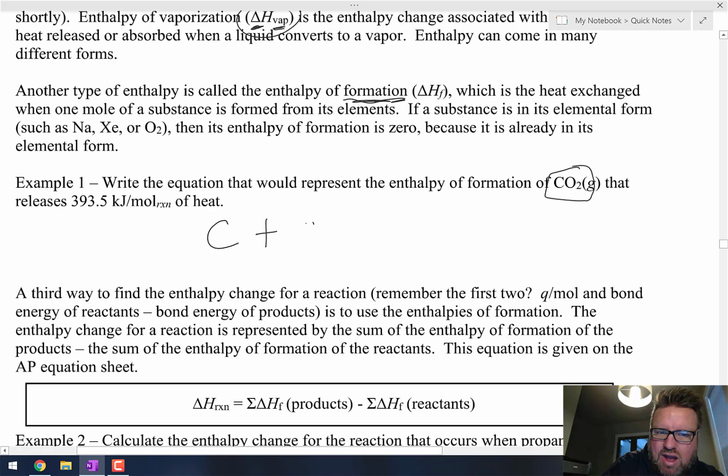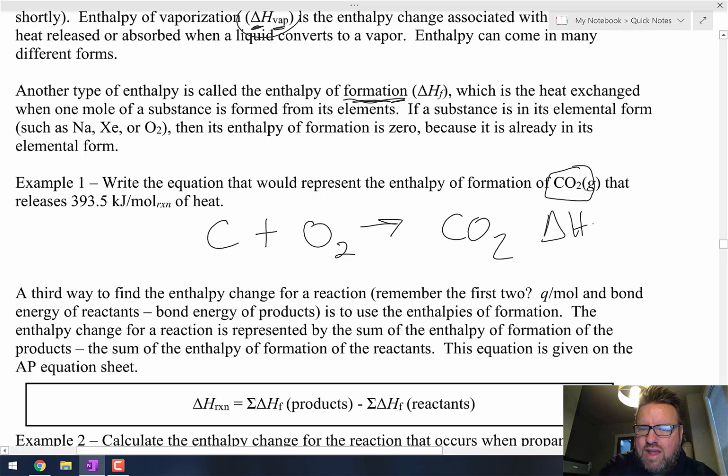Carbon is not, so we can just write C plus O2, because that's the elemental form of oxygen, produces CO2, and the enthalpy change for that reaction, since it releases 393.5, is negative 393.5 kilojoules per mole of reaction.